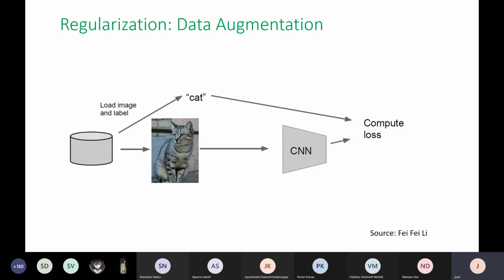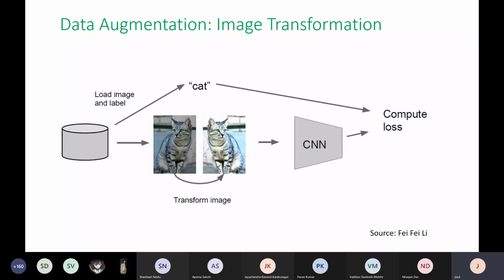For example, I'm just showing a CNN model here, it could be another neural network. You have an image, you have the labels, you apply some model, you compute loss, and so on. That's the typical CNN model. So data augmentation means you enhance your data set.